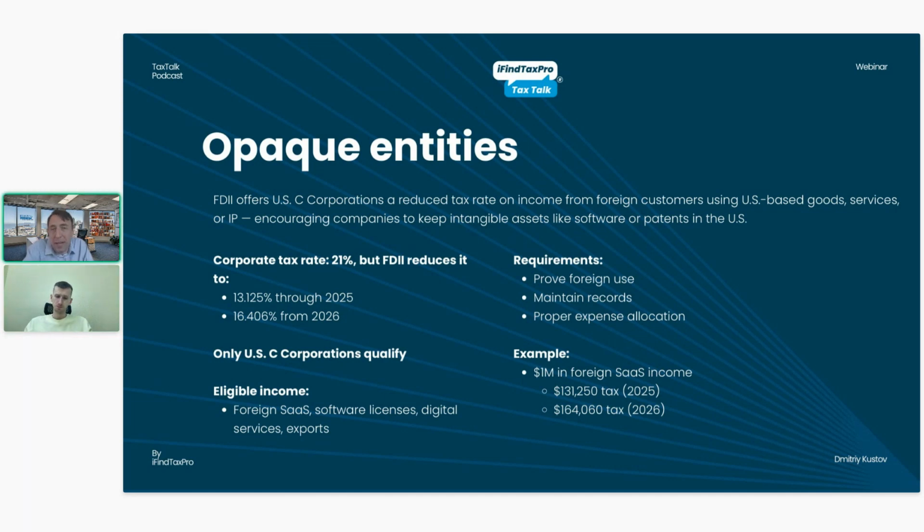We'll probably allocate a lot to that CEO because he's the main driving force behind all this. Let's say they sell 1 million, and they have 1 million of net income. Let's say 500,000 we allocate to the CEO and 500,000 to this technical person. Then for 500,000, they'll pay 21%, and for the other 500,000, they'll pay 13%.